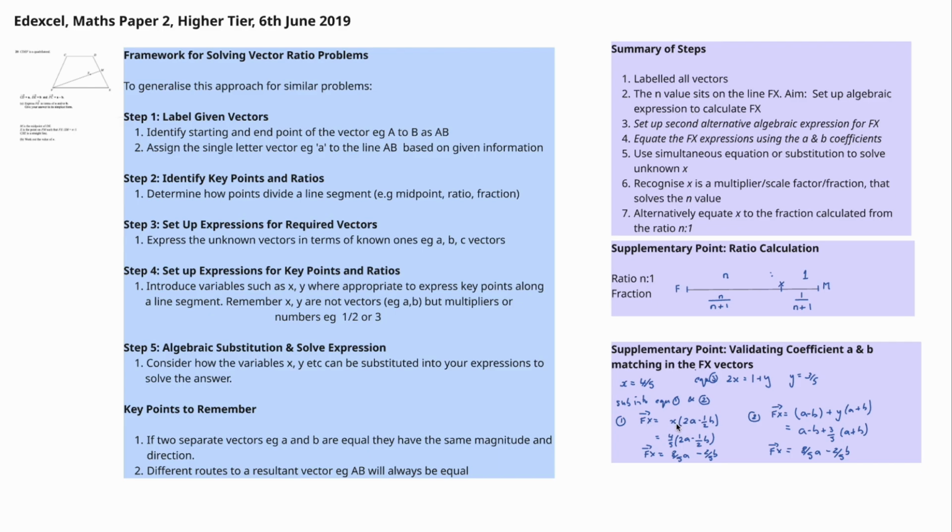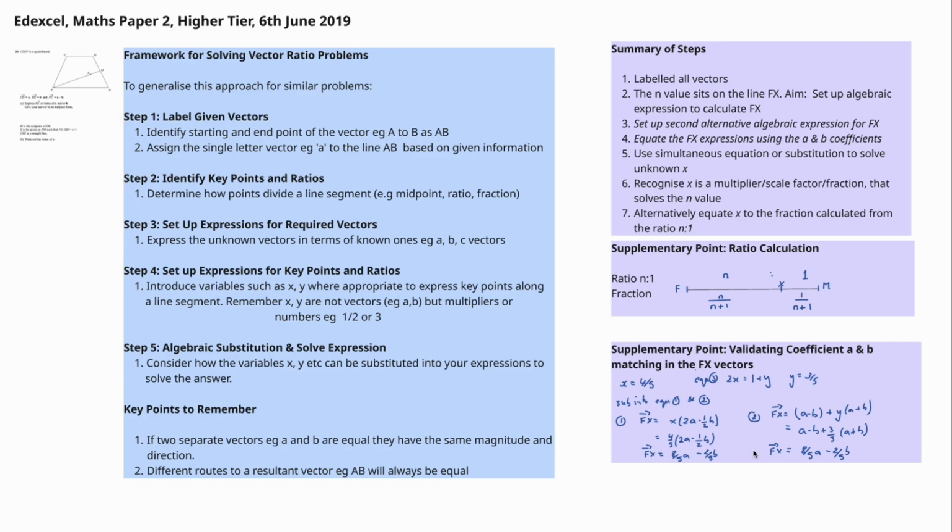By substituting x into it, which is 4/5, we end up with our final value for what that fx vector looks like. Alternatively, we can calculate the y value in equation 3 and substitute that into the alternative fx expression we calculated, and that also generates the same fx vector, therefore indicating that both vectors are equal in calculations.